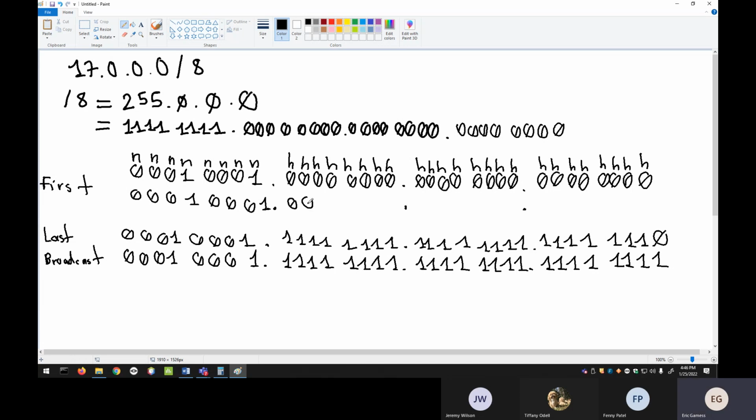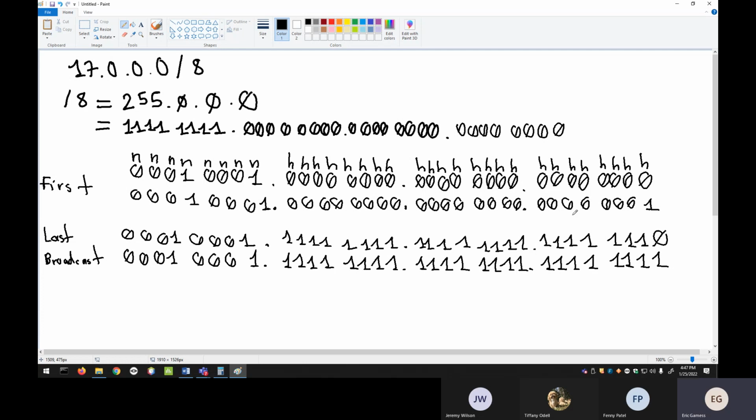So 0 in the second byte, 0 also in the third byte, and 0 and a 1 in the fourth byte. So this IP address is 17.0.0.1. Okay? Is it okay for everybody?